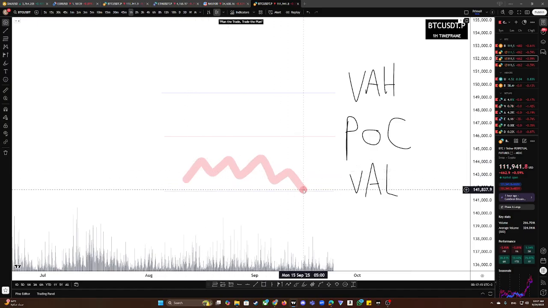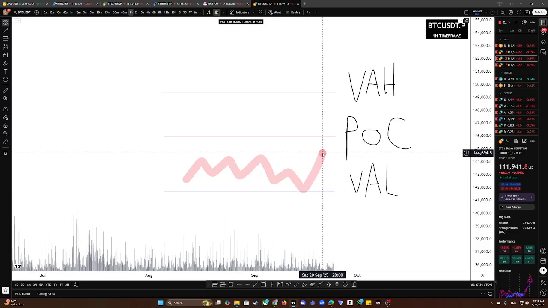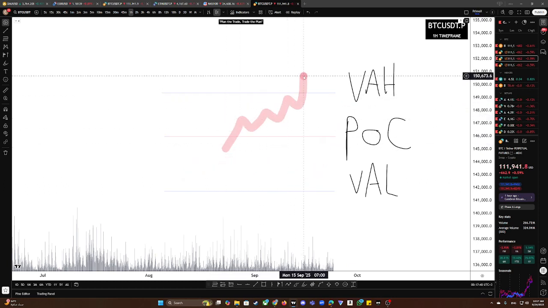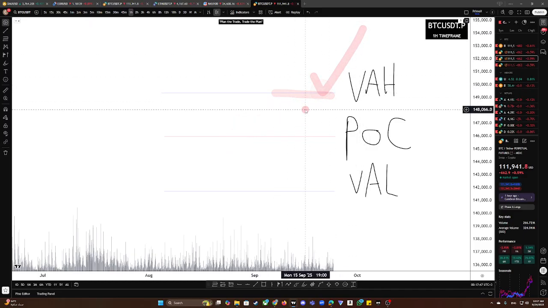When we go back and hit the value area low and we are coming from above, it means that it acts as a support and it can push price up. Same thing with the POC. If we come from here and then we reclaim the POC, it acts as support as well. And same thing with the value area high. If price is able to go up and then reclaim the value area high, it acts as a support. It acts as a floor that price can bounce from.